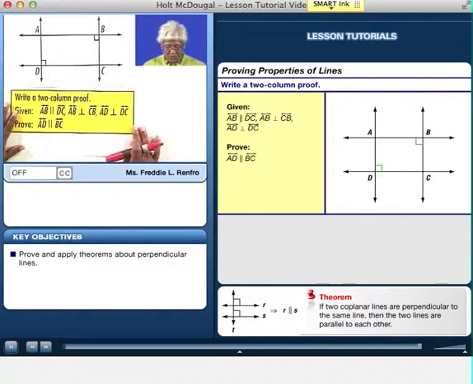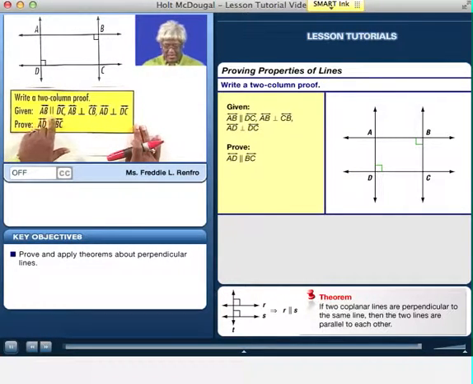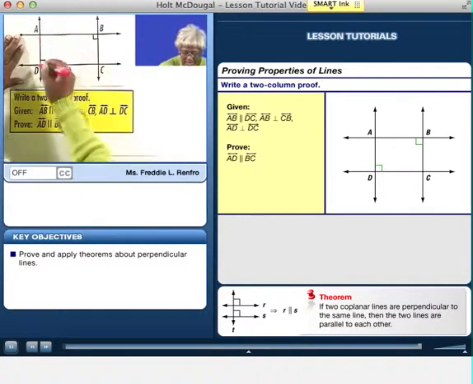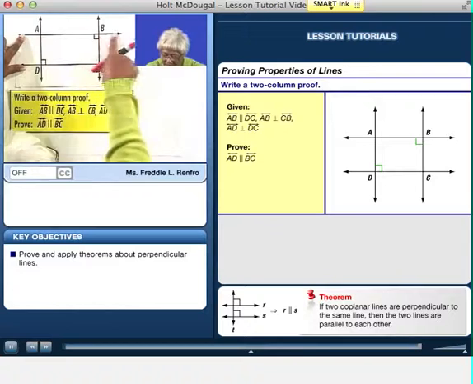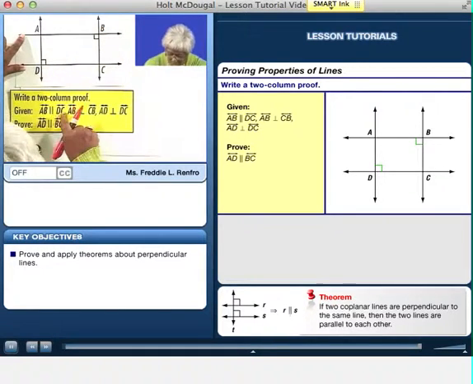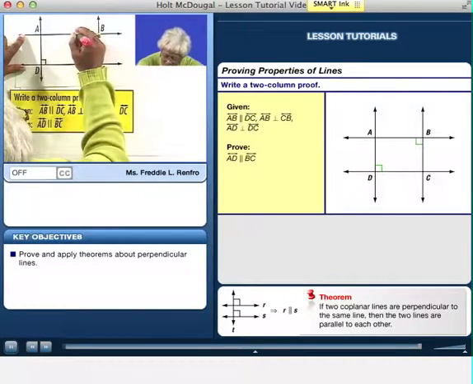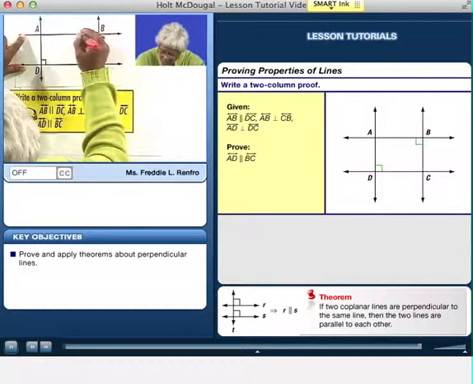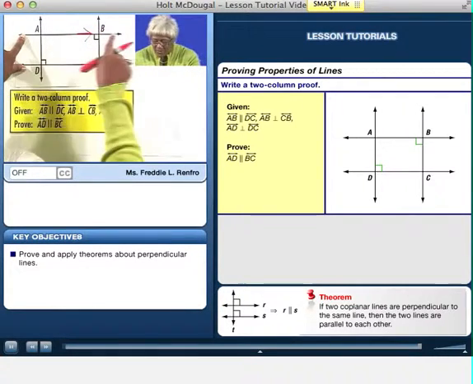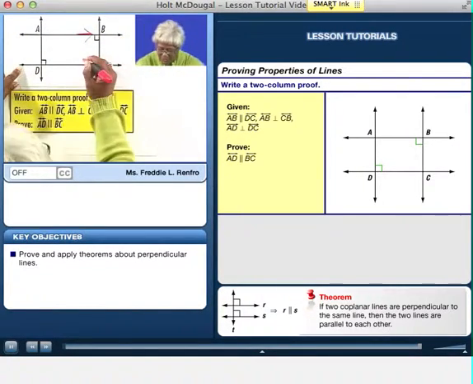In this two-column proof, we are given that AB is parallel to DC. Here's AB, sorry about that, AB is parallel to DC. So I'm going to use an arrow to mark this line parallel to DC.